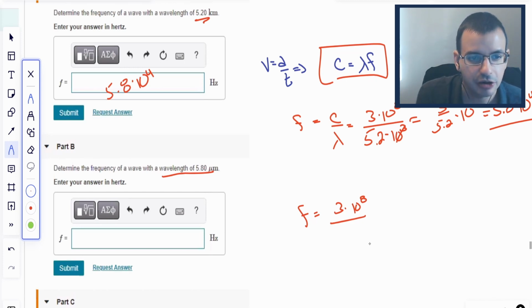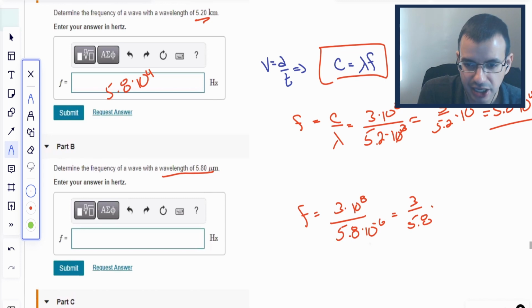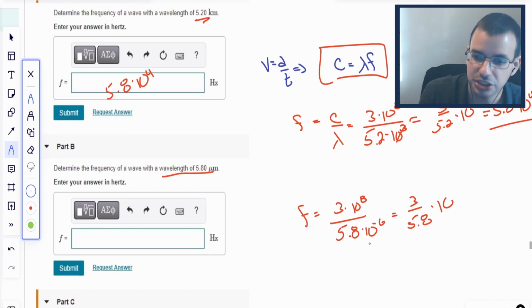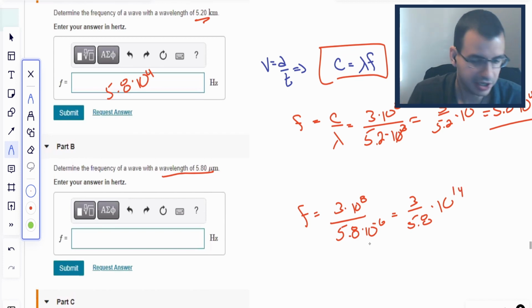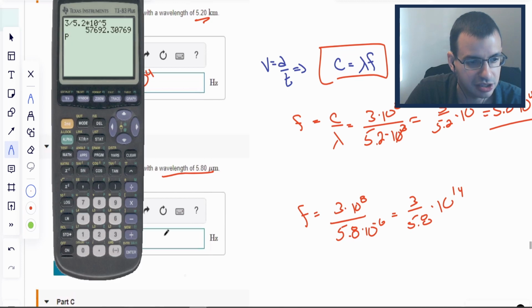3 times 10 to the 8th over 5.8 times 10, this is going to be negative 6. So now we're going to have 3 over 5.8 times 10 to the 8 minus negative 6, which is actually going to be 8 plus 6, which is 14. And so this is going to give us something like 10 to the 13th.